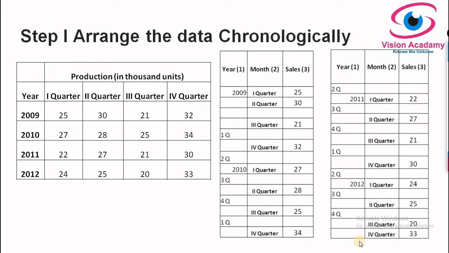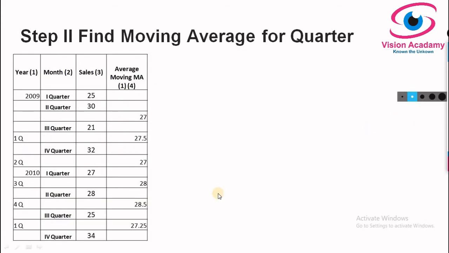Then let us take the simple moving average for the given data. Now we have already arranged the given data in chronological order. Here we are given quarterly data, so we have to add all the quarters first.